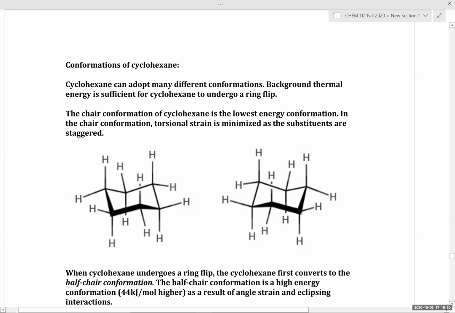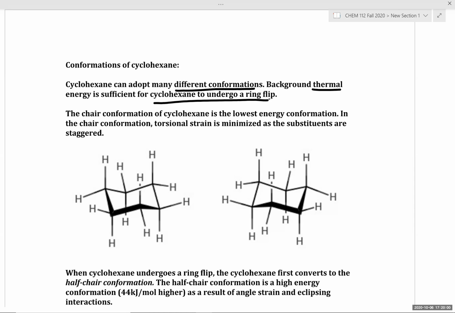In our discussion of cyclohexane, our discussion is not entirely complete. Cyclohexane can adopt many different conformations, and the background thermal energy is sufficient for cyclohexane to undergo a ring flip and rapidly interconvert between these available conformations.